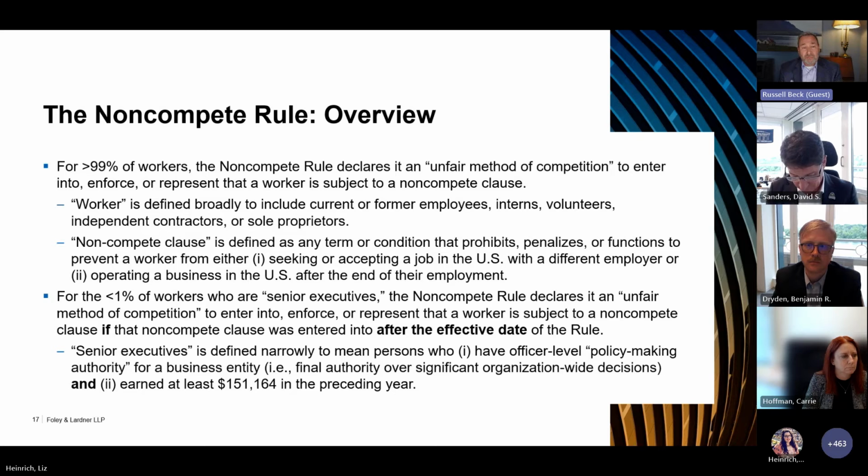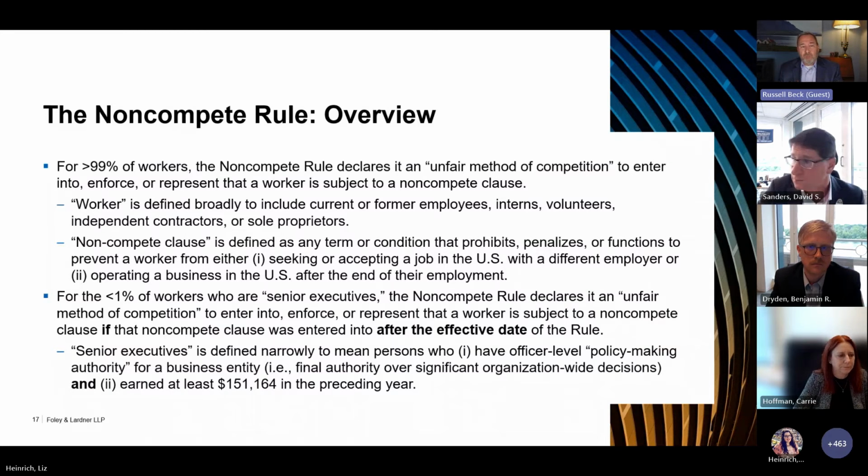So a couple things to note there. Seeking or accepting a job. We're not quite clear on what exactly that means, because you look at the terms prohibits, penalizes, or functions to prevent, and the FTC expressly rejected broader terms. They expressly rejected restrains or limits.